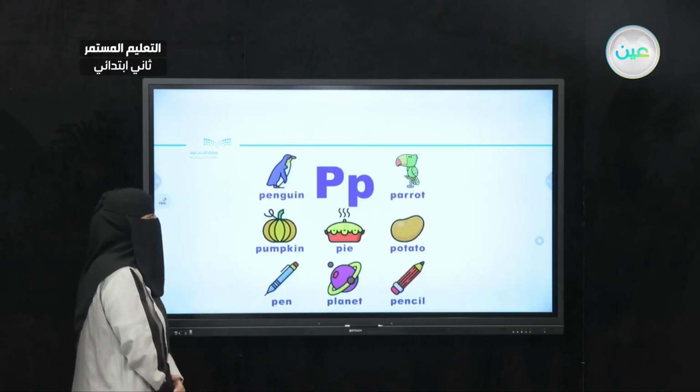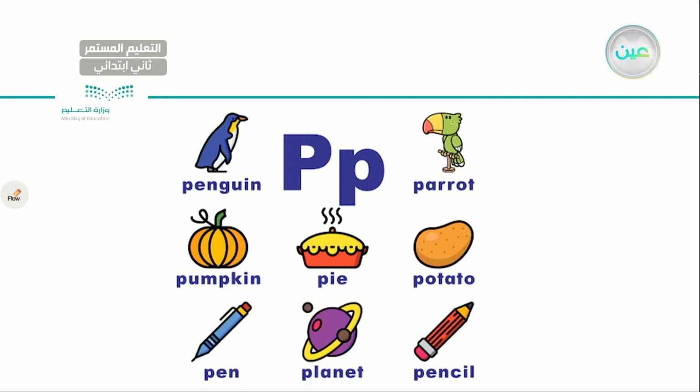Let's start. The first letter here you have P. Okay? It's not B as in book, it's P as in pencil or pen. Let's read some of the words that start with this letter. I have penguin, pumpkin, pen, pie, planet, parrot, potato, pencil, pa, pa, pa.